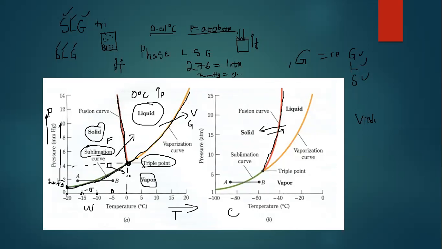But if I increase the pressure and continue increasing the temperature, I can only hope to change the state from liquid to gas. If I increase the pressure, then everything changes. But if I reduce the pressure, sublimation can take place.